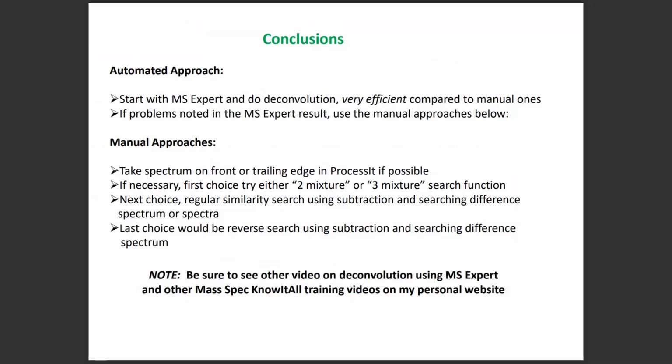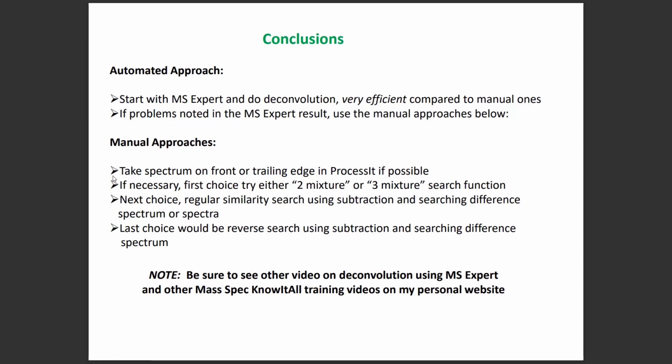So in conclusion, if you're looking at a file that you suspect is a mixture of unresolved peaks, I would always start with MS Expert and do deconvolution first. It's a very efficient process compared to the manual ones. However, if problems are noted in the MS Expert result review, use the manual approaches below.